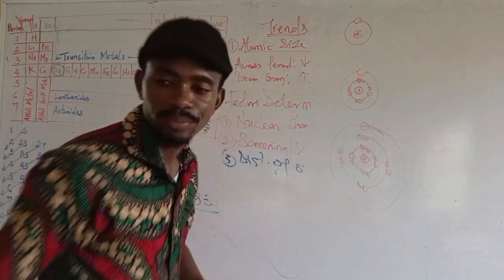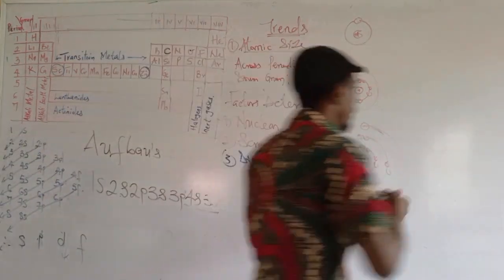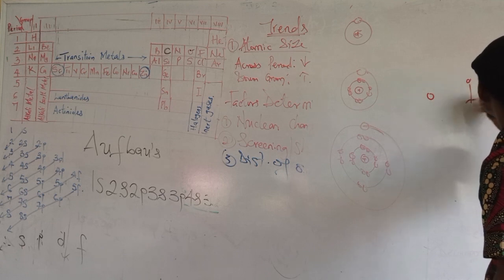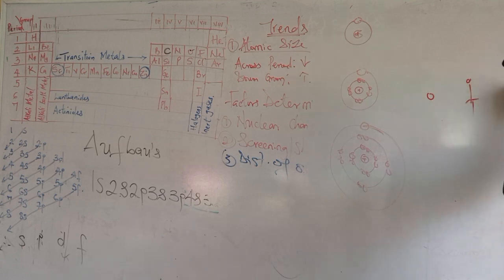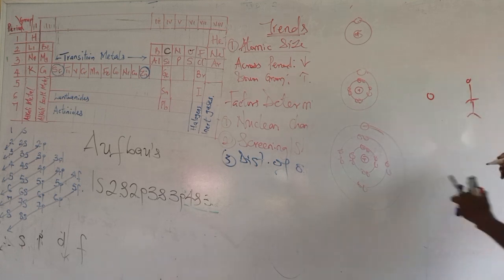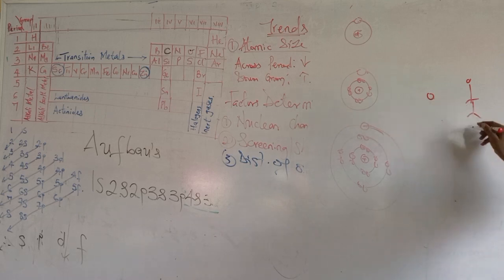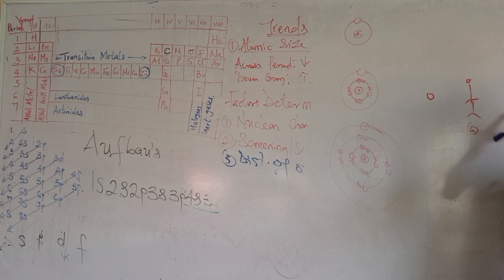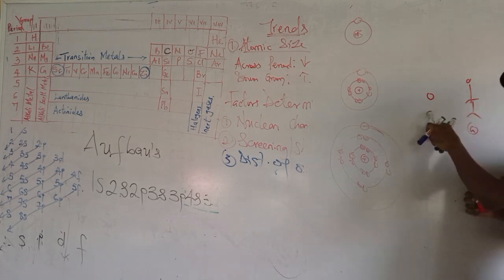Now let's see carefully. If this is a fire source, and somebody is standing here, somebody is also standing here, you will agree with me that this fire will hit person A more than person B. Why? Proximity. Before it gets to person B, person A is kind of shielding person B from this adverse heat.